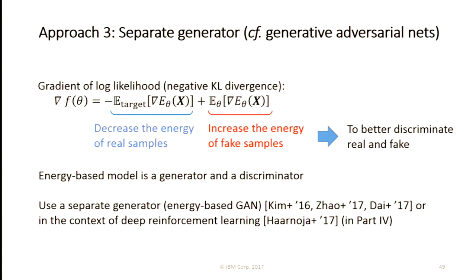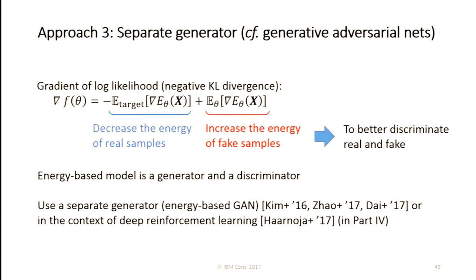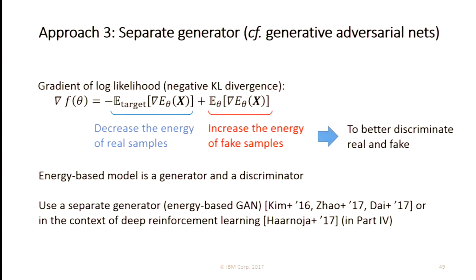So some papers started using a simpler generator, which is easier to get samples from, and try to learn both generator and discriminator so that the generator can generate samples according to your target distribution. There is also another related idea in deep reinforcement learning, briefly mentioned in part 4.